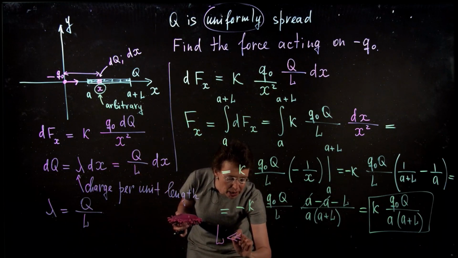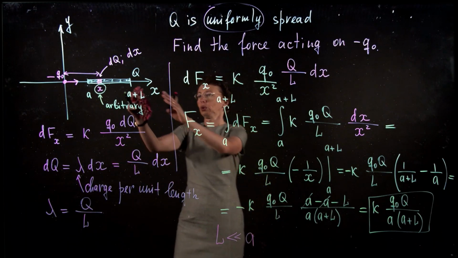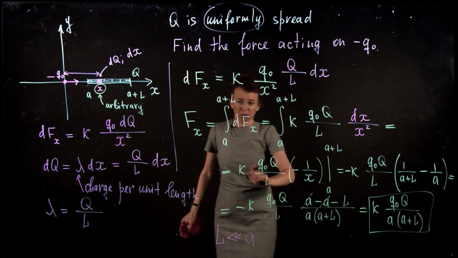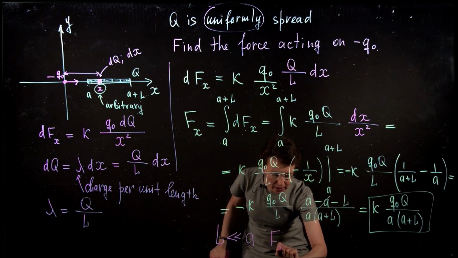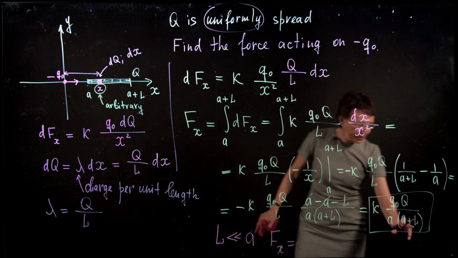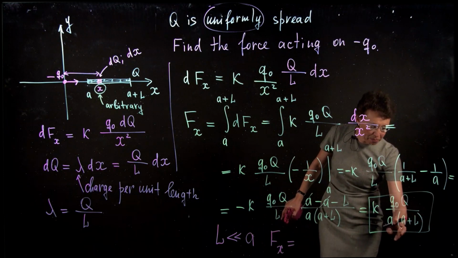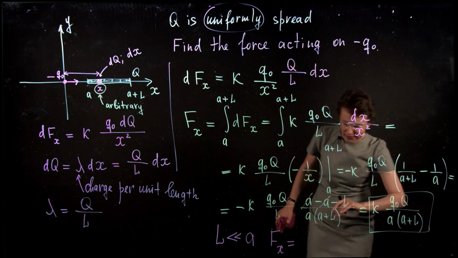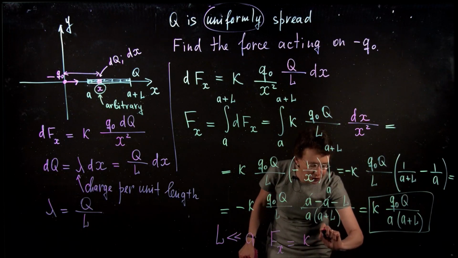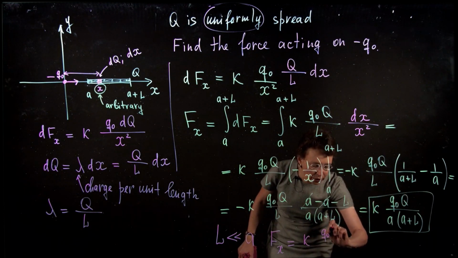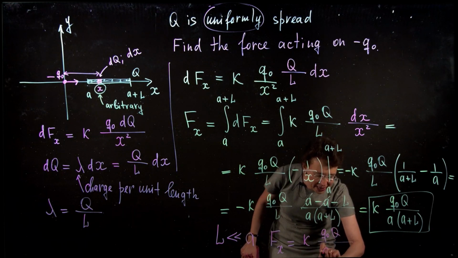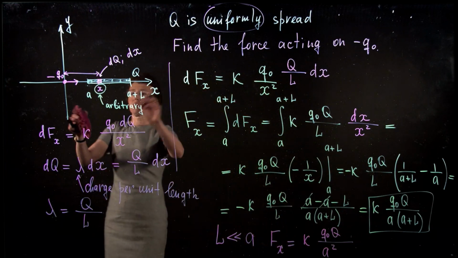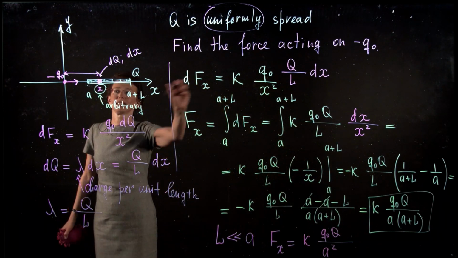Then what do we expect if this charge q is far away? What will be the force? F sub x will be, I neglect L in comparison with a, then I have a squared, and the force will be k q naught q divided by a squared, as from a point charge q, as we expected if q is far away.